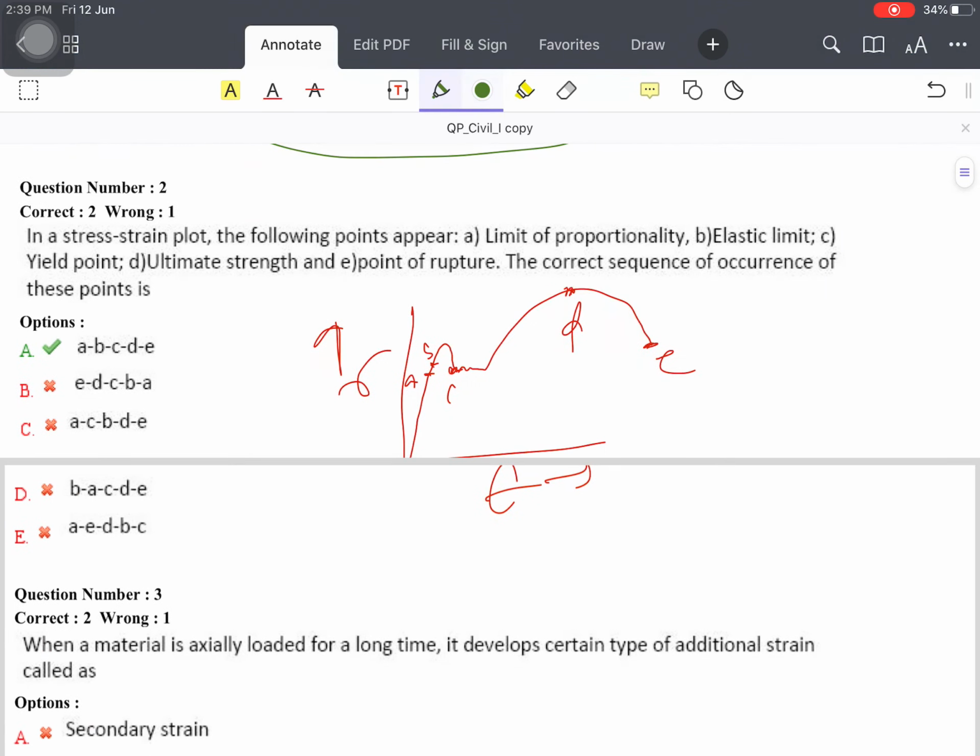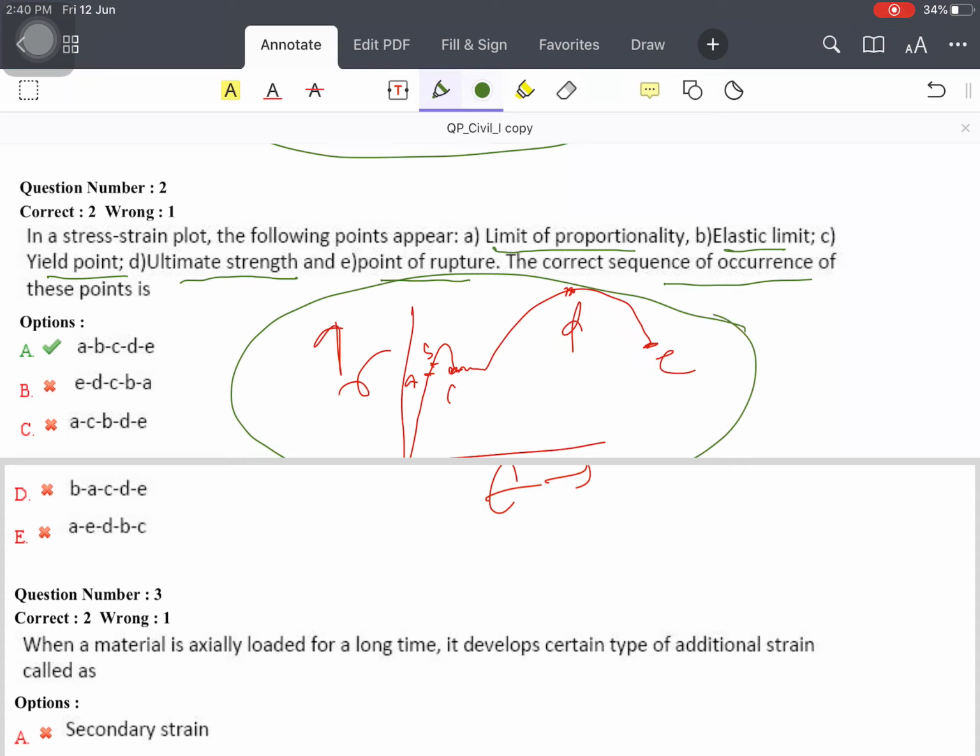Question number 2. In a stress strain plot, the following points appear. Option A, limit of proportionality, B, elastic limit, C, yield point, D, ultimate strength, E, point of rupture. The correct sequence of occurrence of these points is, so this is the stress strain plot.